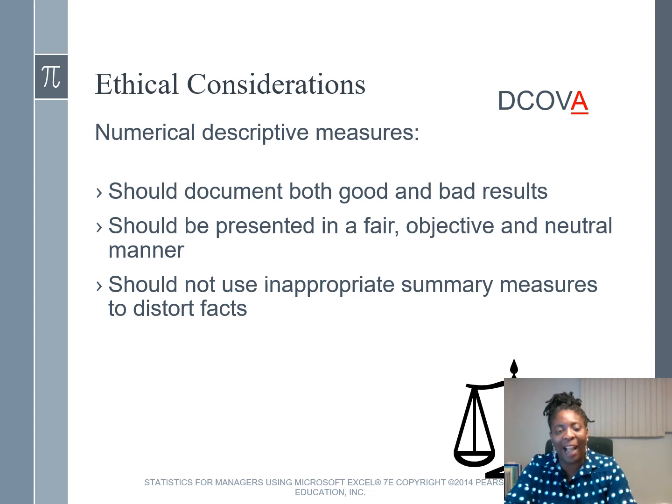And when they don't pan out, it will destroy your reputation. That's just the reality. So when you have results, try and be objective, present both the good and the bad. You should present it fairly, objectively, and in a neutral manner. And don't use inappropriate summary measures to distort facts.